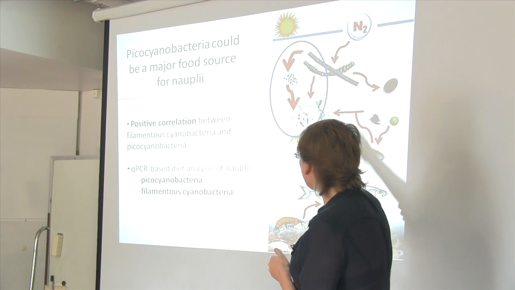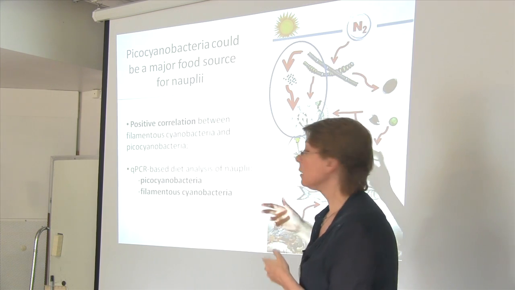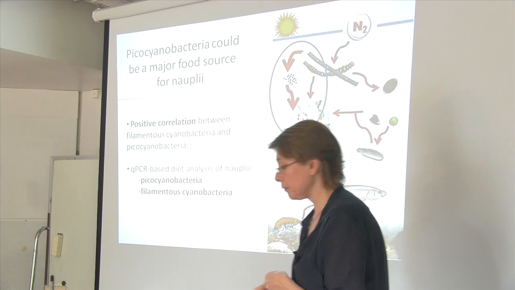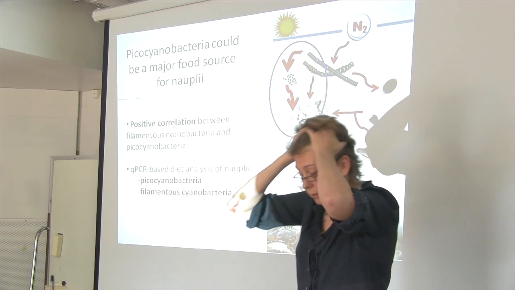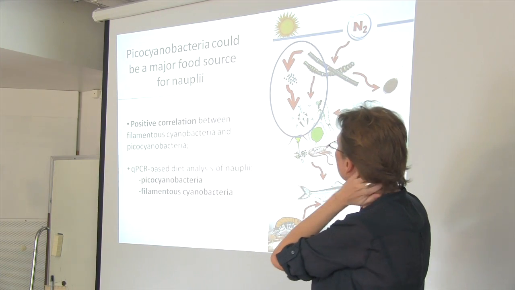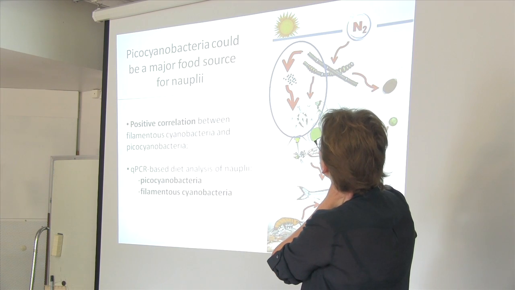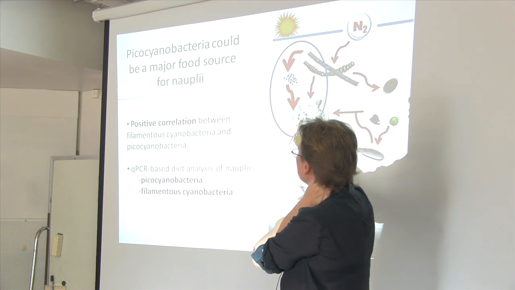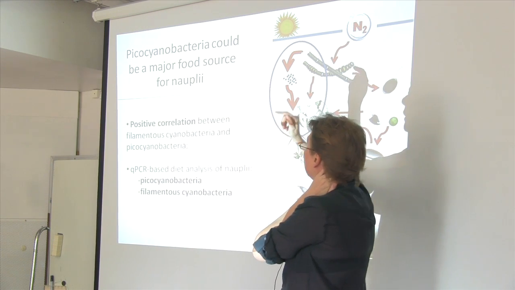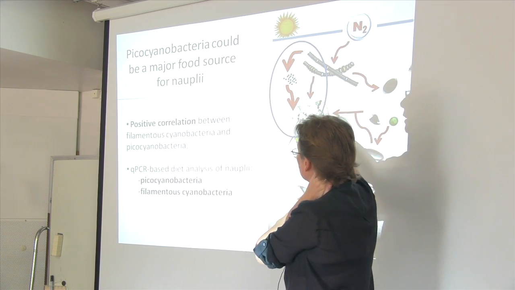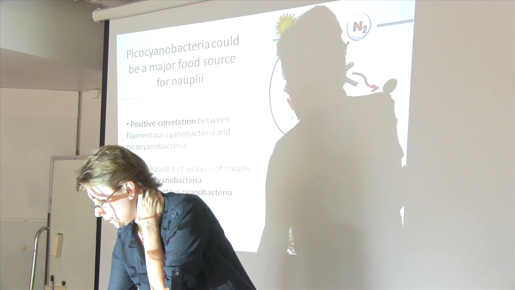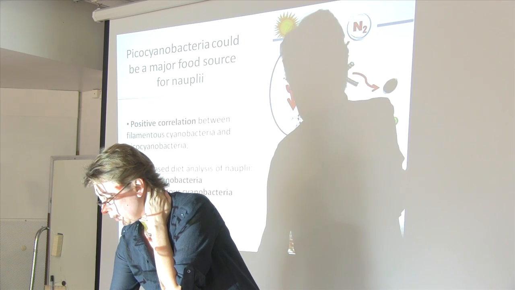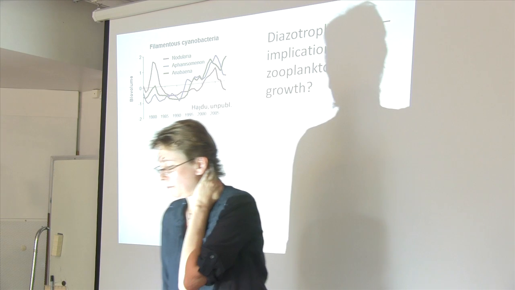So eventually all this should, in theory, support the fish production. And Nisha, who is on maternity leave now, has done a very neat study using molecular diet analysis, measuring picocyanobacteria in copepod Nauplea. What she found is that they really feed on it and they eat it very efficiently.